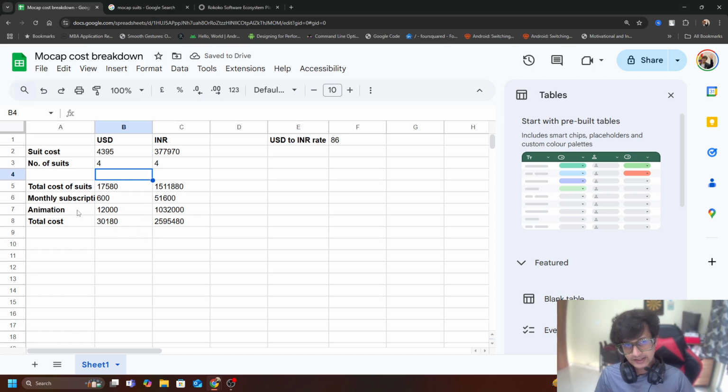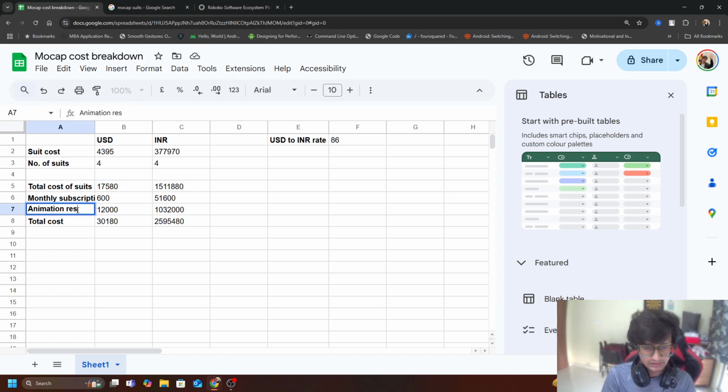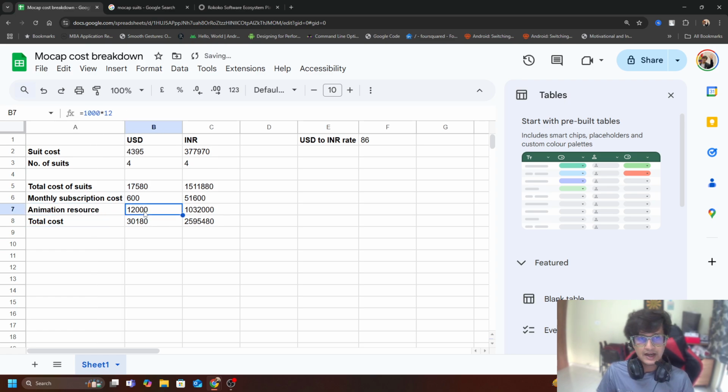Now, this is assuming that you have an animation resource, which means you have hired someone for doing animation for you. And this is definitely a senior resource that you will require who will be able to operate motion capture, because as I said, motion capture is not just about getting the suit and the software subscription.